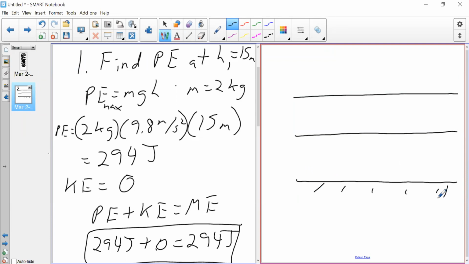All right, the ground. So we know that the first height is 15, 7, 0. You don't have to say 0 meters, you can just put 0. Of course, your paper is going to be larger and all that. So let's say GPE, gravitational potential energy.